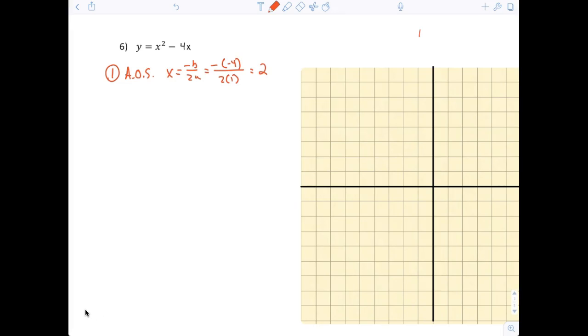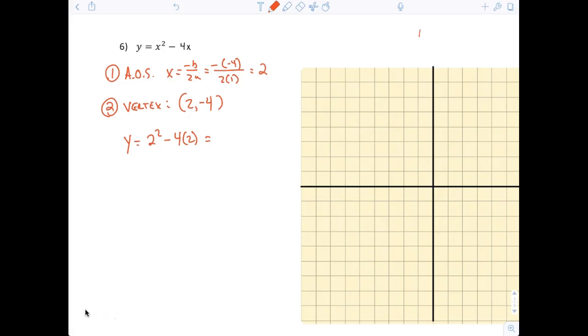Any questions on how I got a 2? All right, now, vertex. Two comma something. So y equals 2 squared minus 4 times 2. What does that equal? Negative 4, exactly. So the vertex is at 2, negative 4.